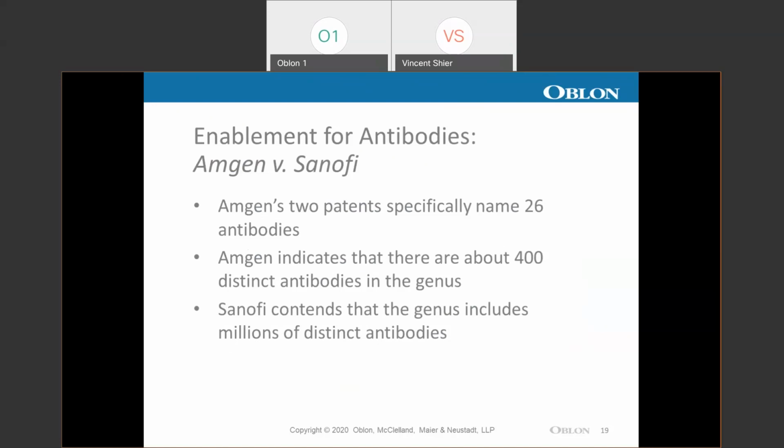Sanofi, in contrast, contends that the genus is much broader and embraces millions of distinct antibodies. Clearly, there are very, very different interpretations as to the scope of the claims at issue. Now, given the way the Federal Circuit has recently been viewing claim scope with a very skeptical eye, I believe the reasonable money on appeal is that the claims at issue will be held to lack written description and enablement.